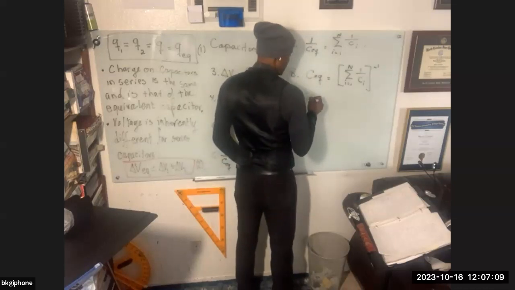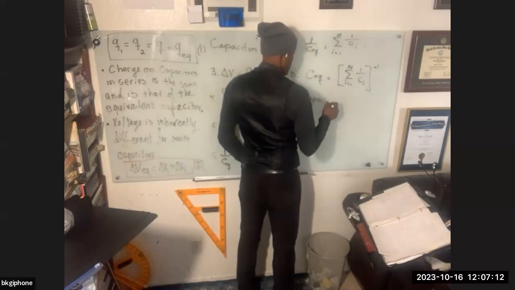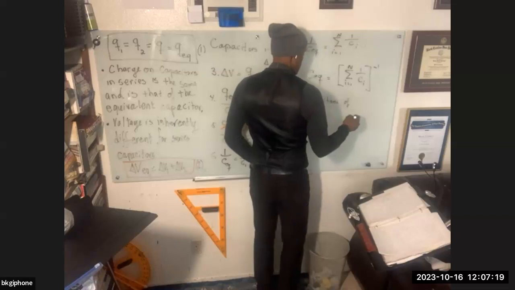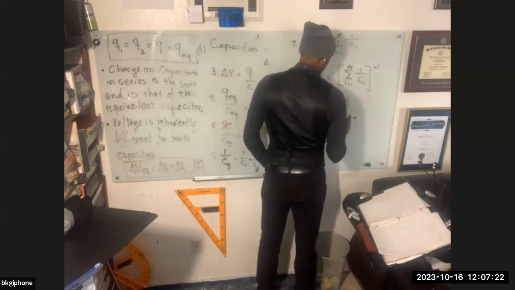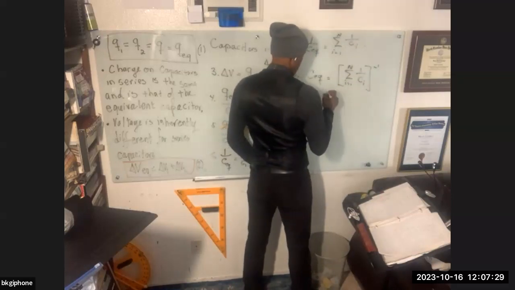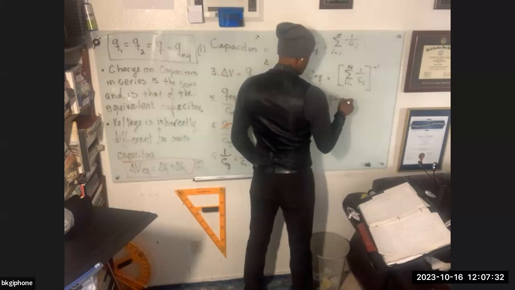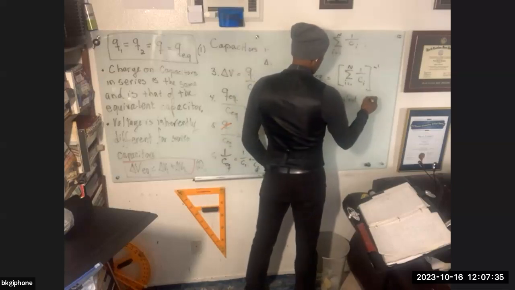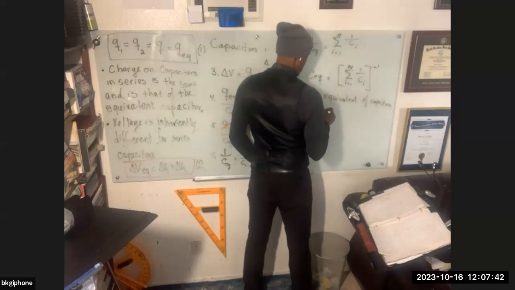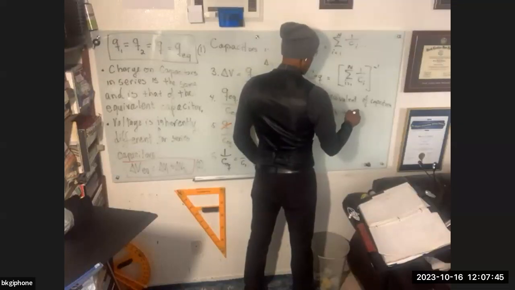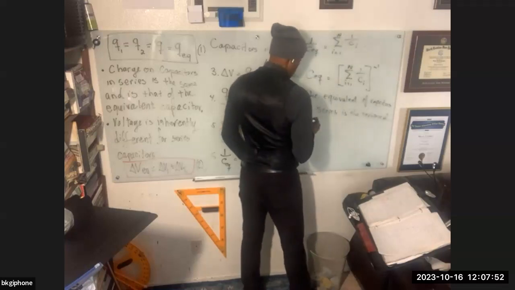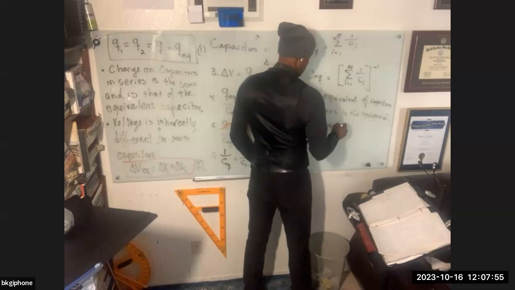So what we could say is that the equivalent capacitance of capacitors in series is the reciprocal of the sum of the reciprocals.